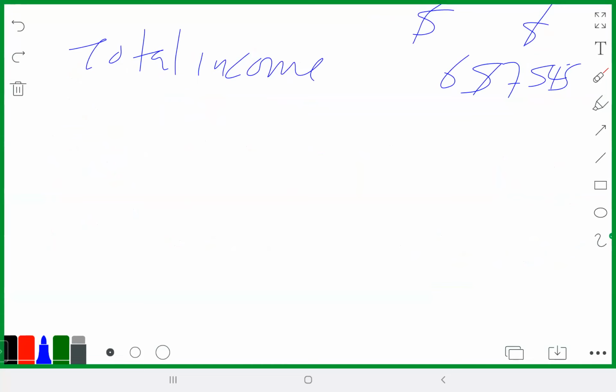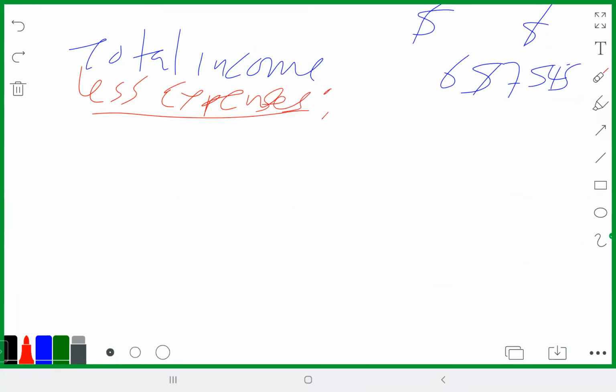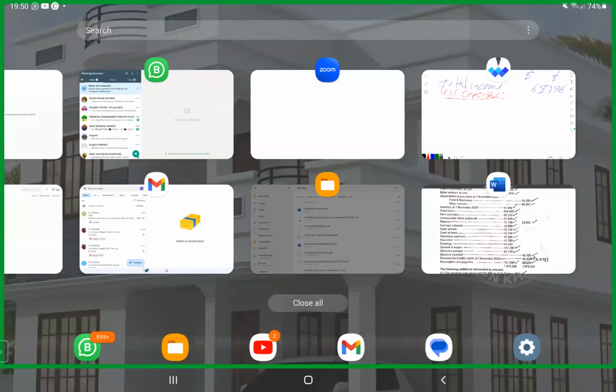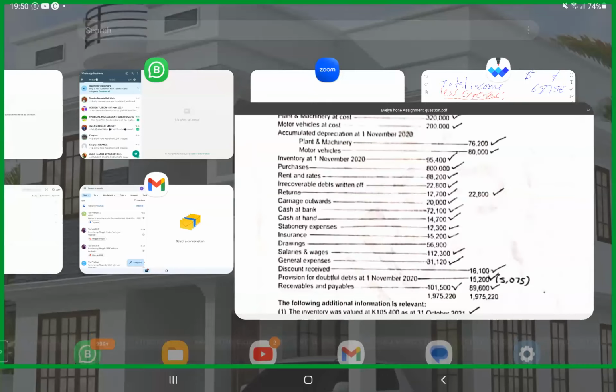And then from here, we less expenses. So now with the expenses, what expenses do we have?